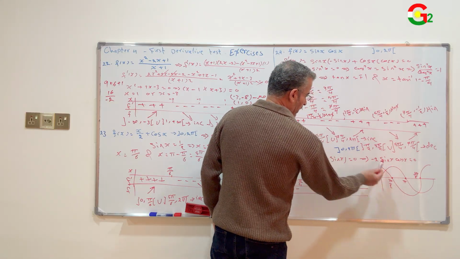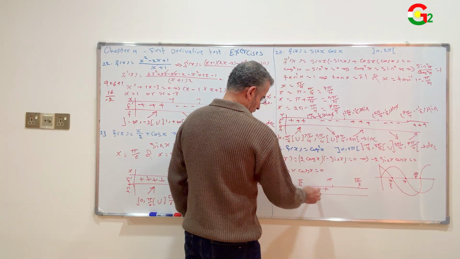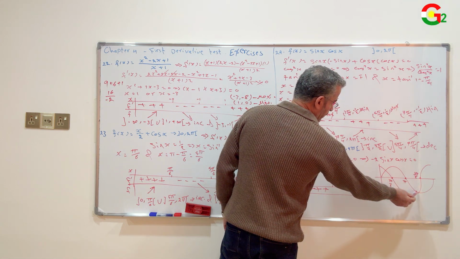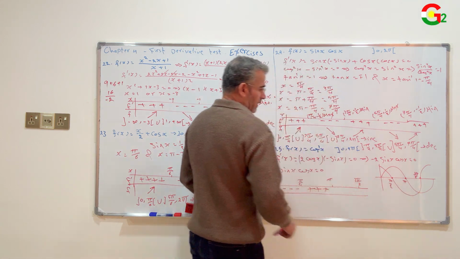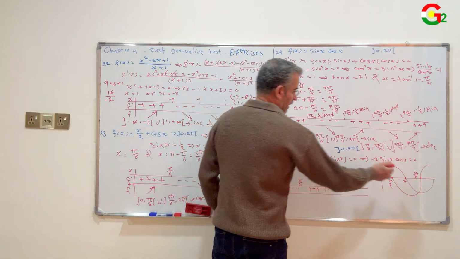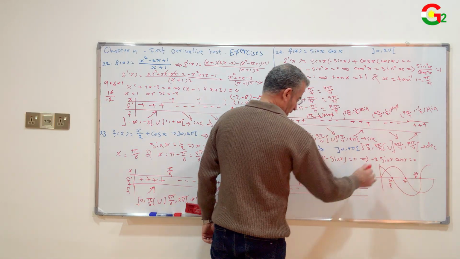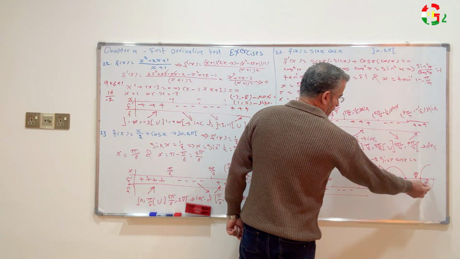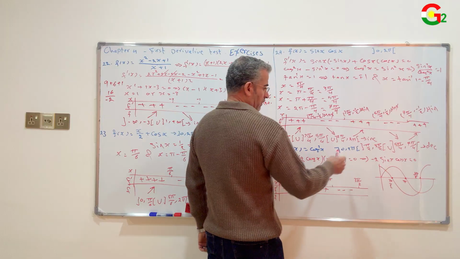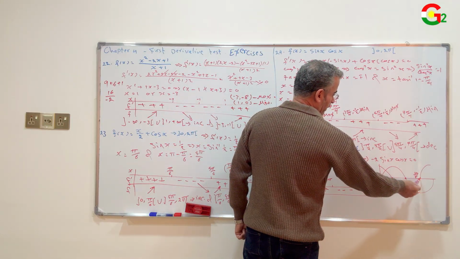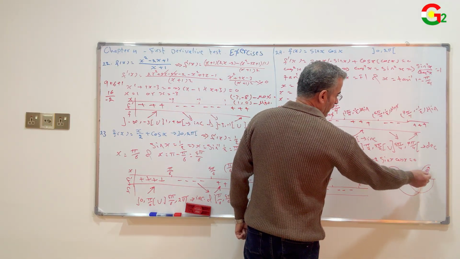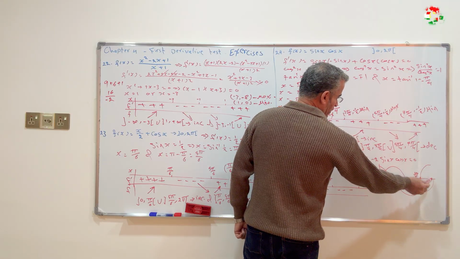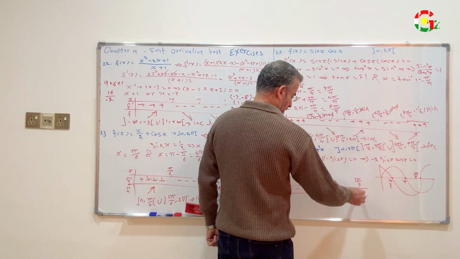Positive times negative, negative times negative, positive. Between pi and 3 pi over 2, both sine and cosine are negative. Negative times negative, positive times negative, negative. When x is greater than 3 pi over 2, the cosine is positive and sine is negative. Positive times negative, negative times negative, positive.